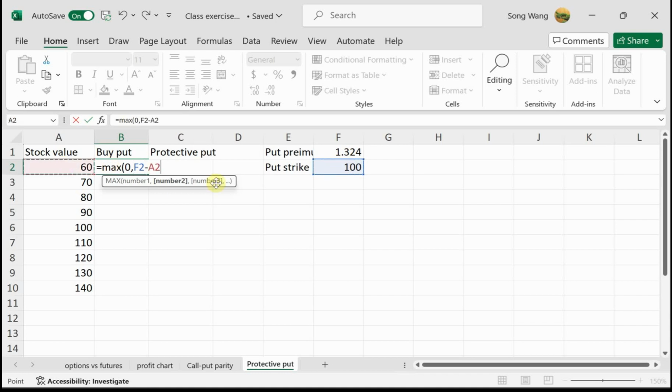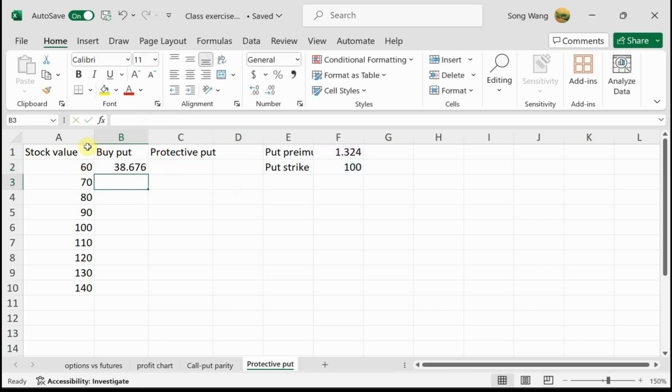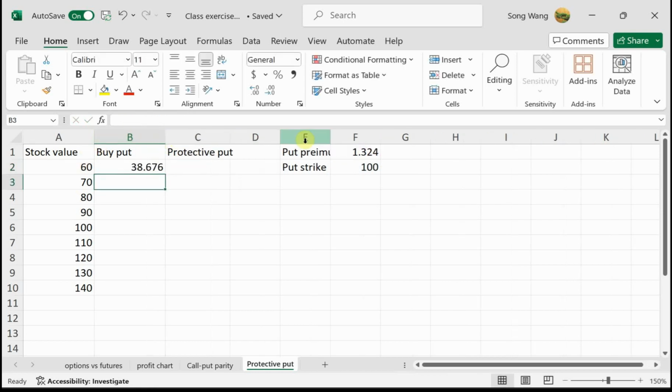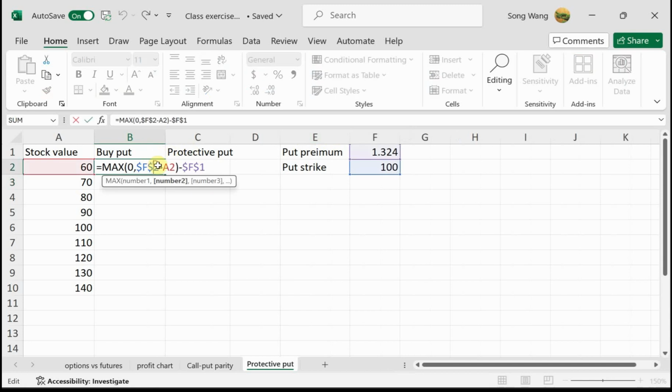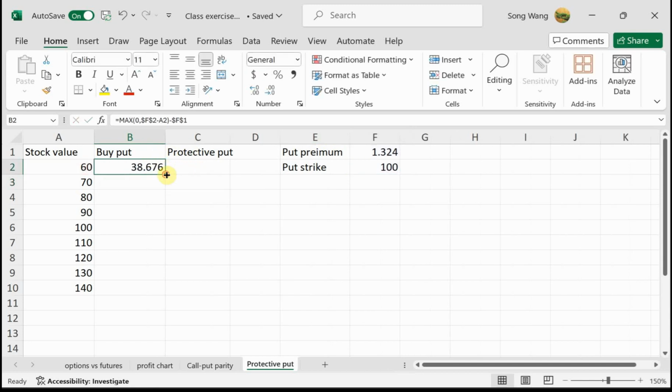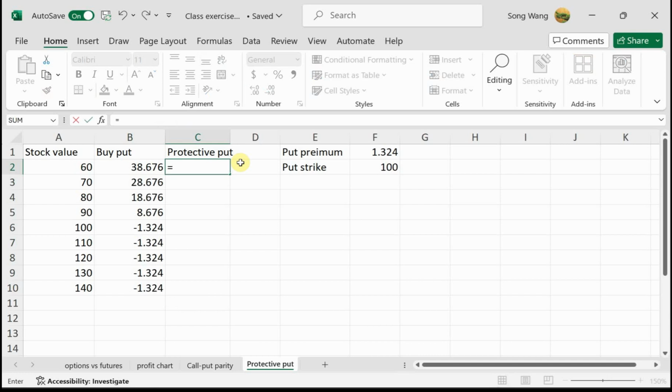So if the stock value goes down, you actually make a profit. And of course, you always have to pay the put premium. Before I drag it down, I need to lock this strike and this premium. Then I just drag it all the way down. And for the protected put, you just need to add these two together.